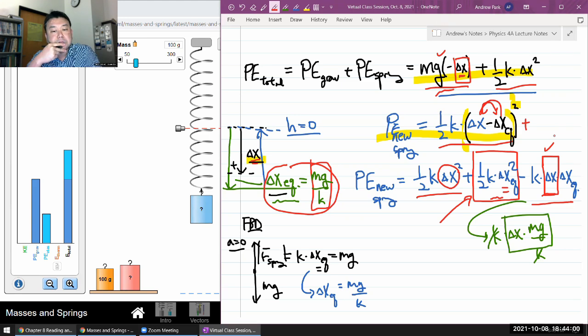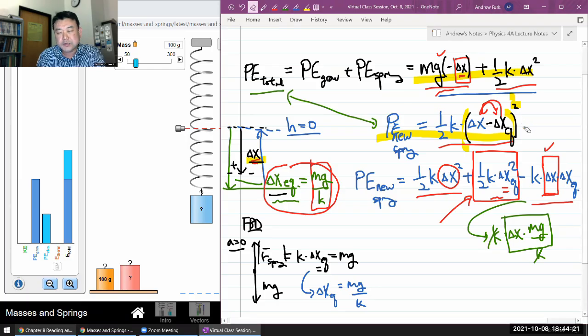let's see, sorry, I'm trying to formulate this correctly. The way I would formulate it, I want some way to relate this original total potential energy to this new spring potential energy.